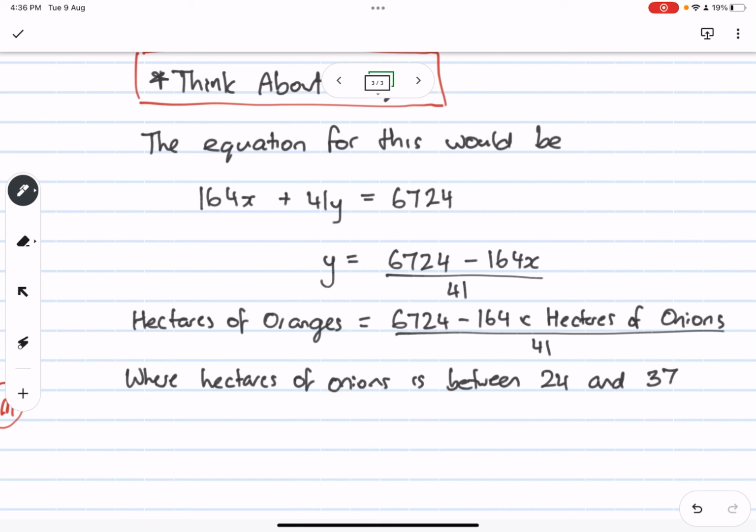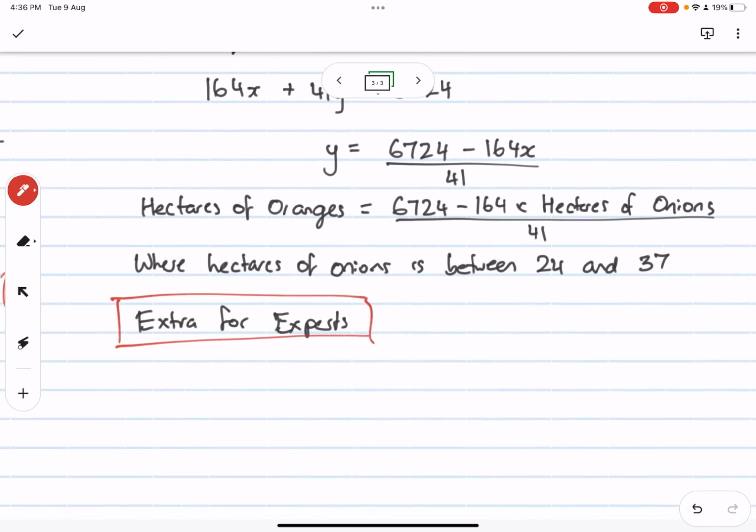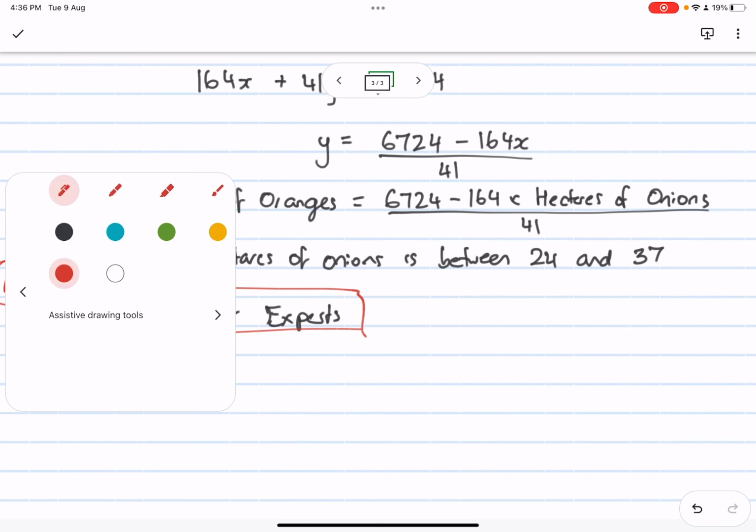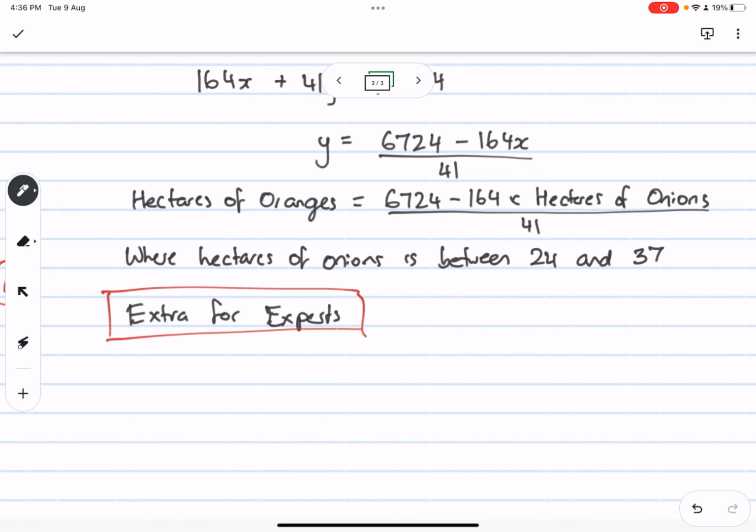Now, the last thing you can be thinking about here, and we'll call this extra for experts, is explaining why this is the case. Sometimes for excellence, rather than explaining why it's the case, you might have to come up with a solution that does cause multiple solutions. But in this one, we're just going to explain why this is the case.